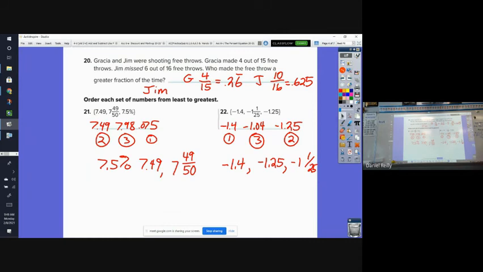If you on the quiz wrote 1.04 here instead of 1 and 1/25, you'll lose a half a point for not rewriting the numbers in the original format. If you had them backwards because you forgot that negatives went the other way, you would lose a half of a point for missing that they were negatives.